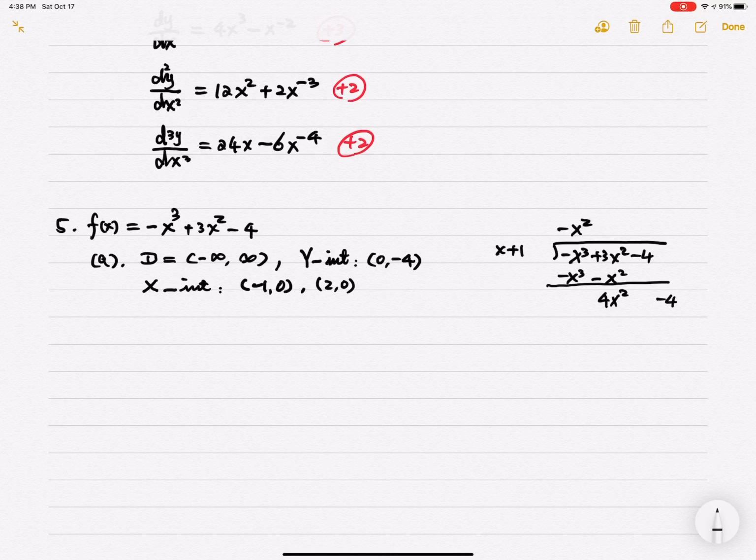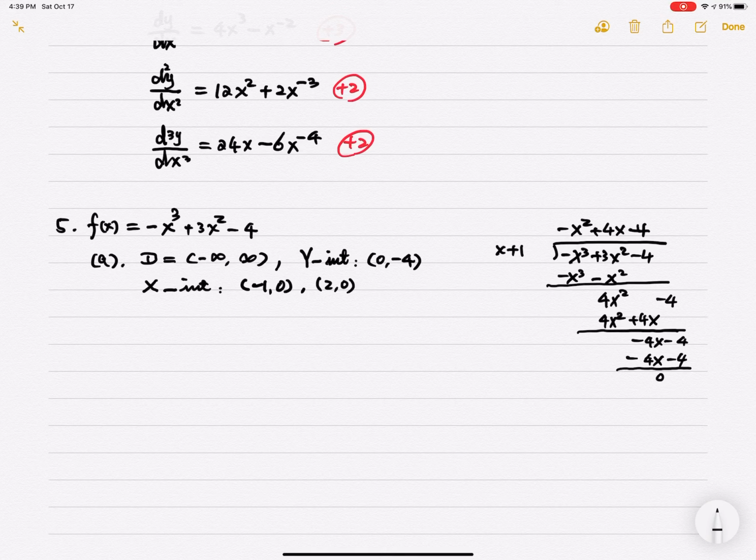Then positive 4x, so 4x squared, positive 4x. Then when you do subtraction, negative 4x, negative 4, right? Then the quotient is negative 4, sorry, negative 4. Negative 4x, negative 4. Then that's equal to that.